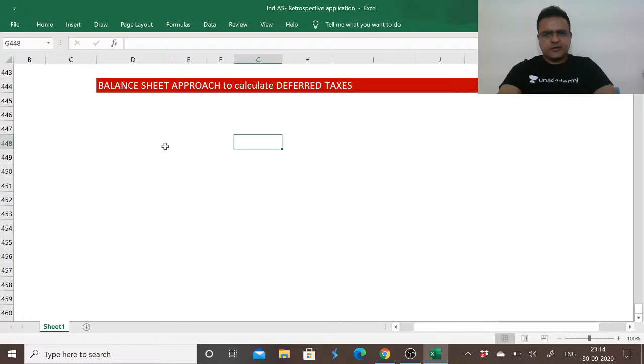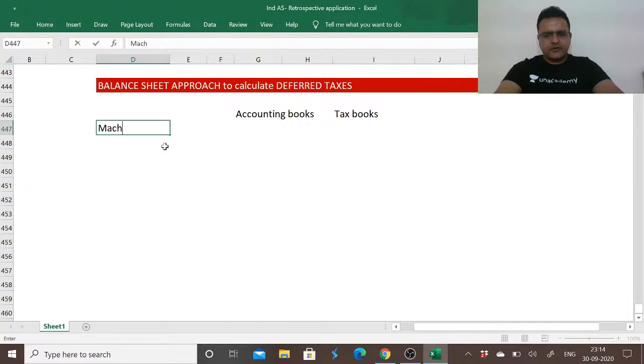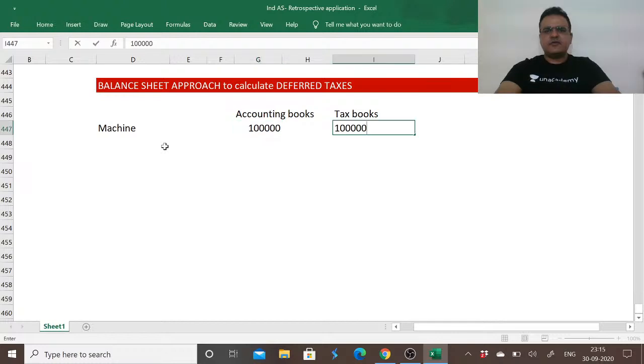We have accounting books. Textbooks. One, when we bought the machine, it costed us 1 lakh. Tax authorities also believe that we have bought a machine which is going to give us economic benefits of 1 lakh.